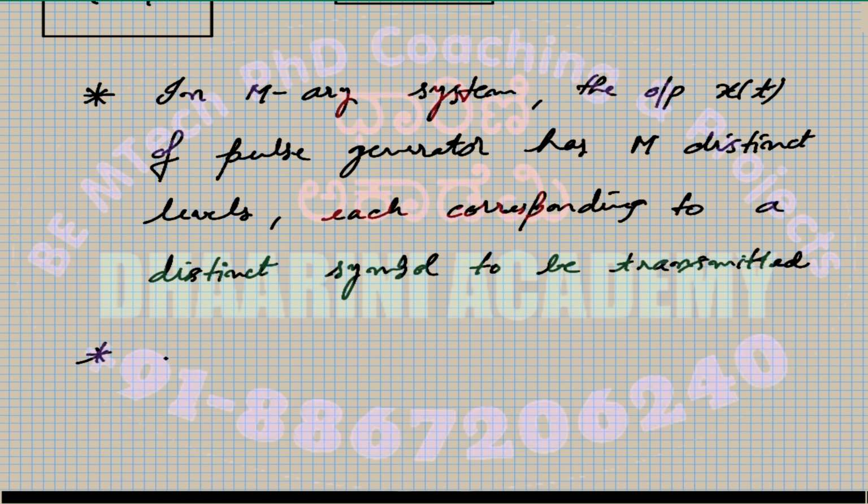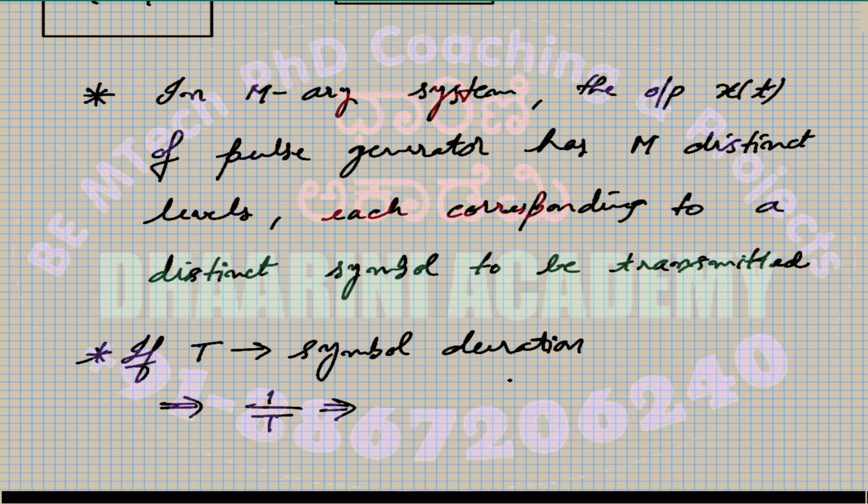So that's the speciality of the M-array baseband system. So I'll just write that if capital T is the symbol duration, this implies that 1 by T is always called the signaling rate of the M-array baseband system.